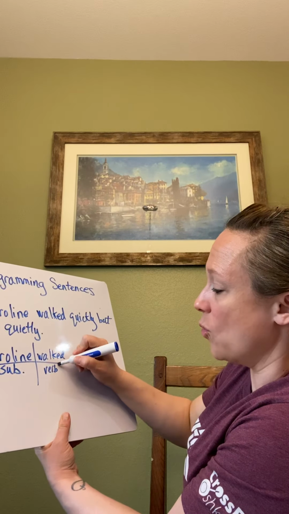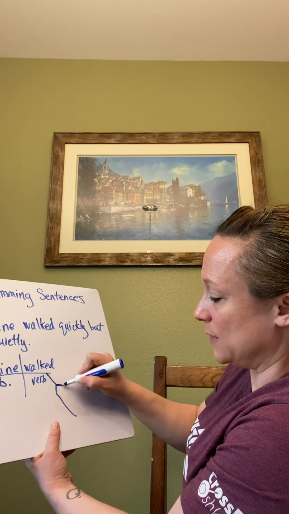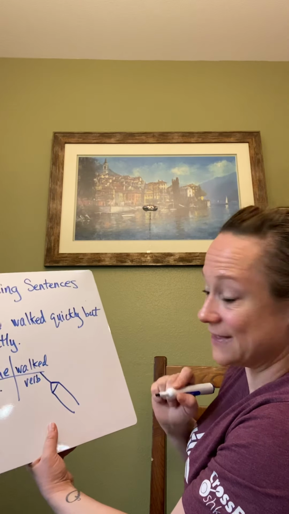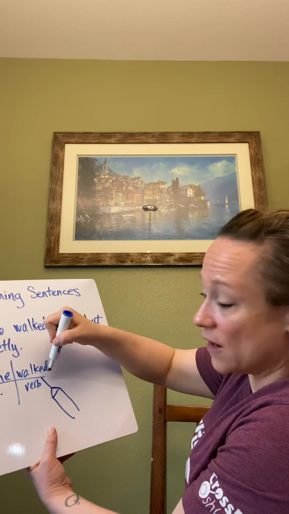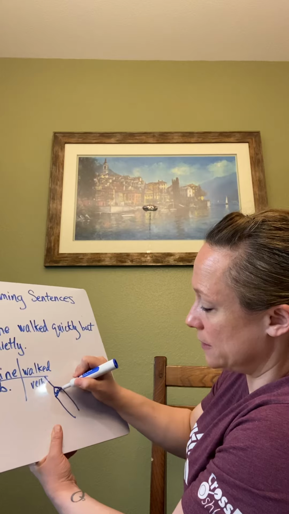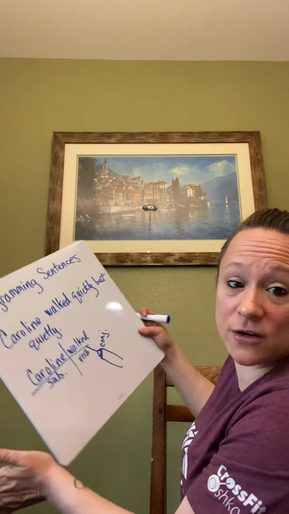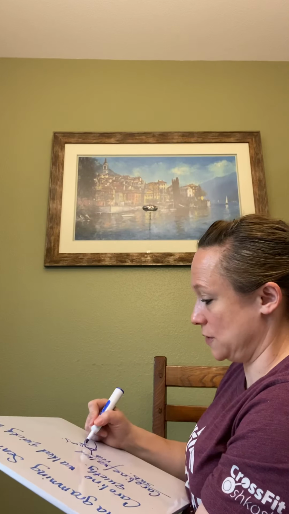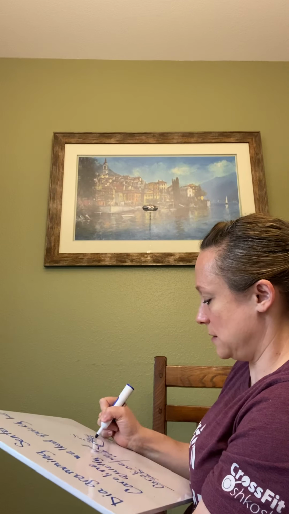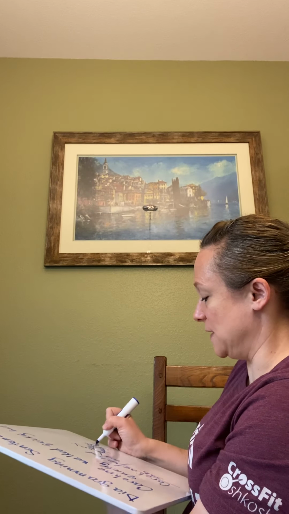So off of the walked for the verb, you're going to draw one of those little arrows that we did before, but you're going to do it on a slant this time because it's coming off of the verb, okay? So but would go in here, and that's your conjunction. And then on these slanted lines, you would write your two adverbs. So I'm going to write those and then I'll show you. Quickly, quietly, and then ADV.